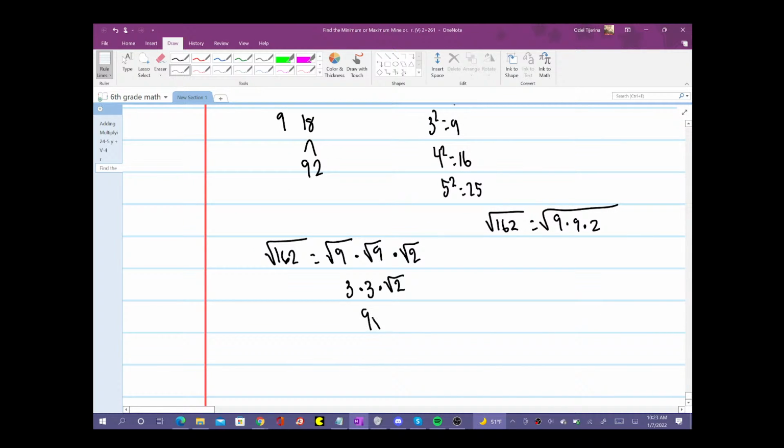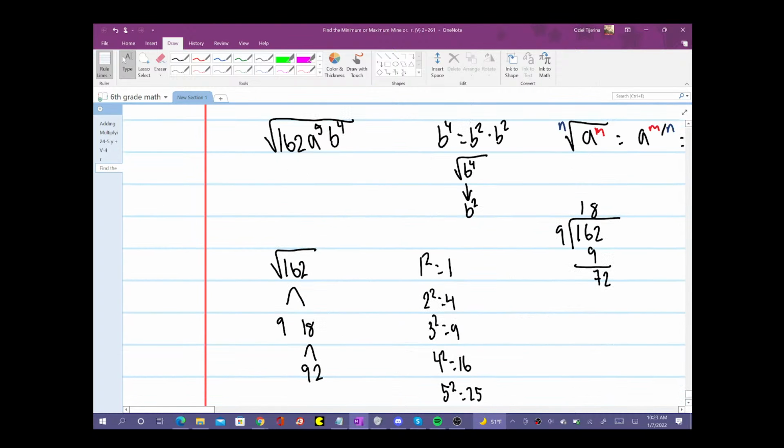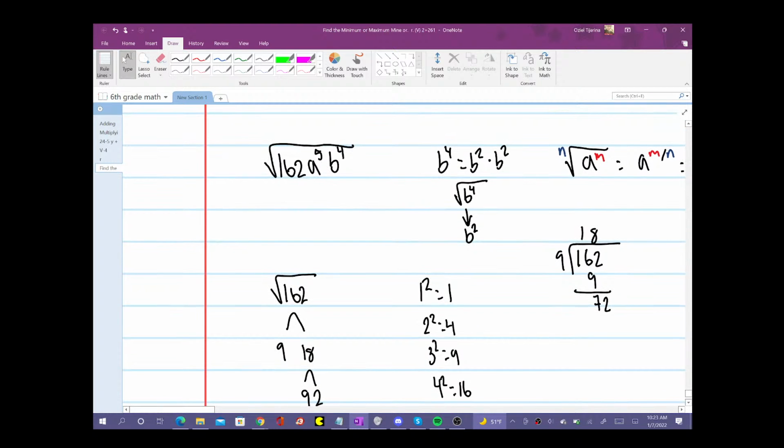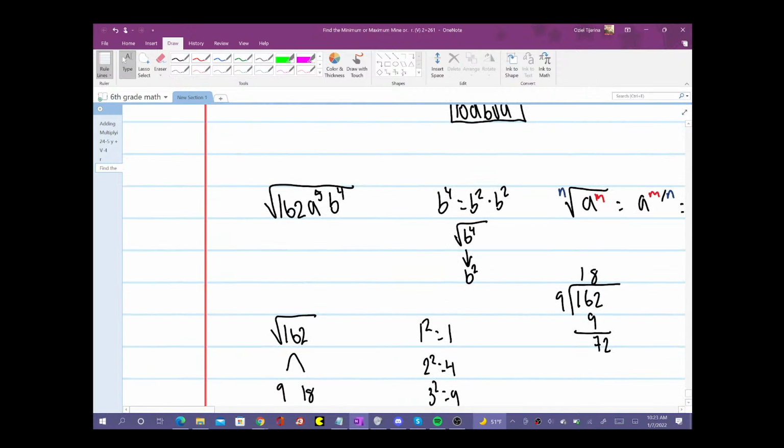This means that we have 9 square root 2, right? So the square root of 162 is 9 square root 2.